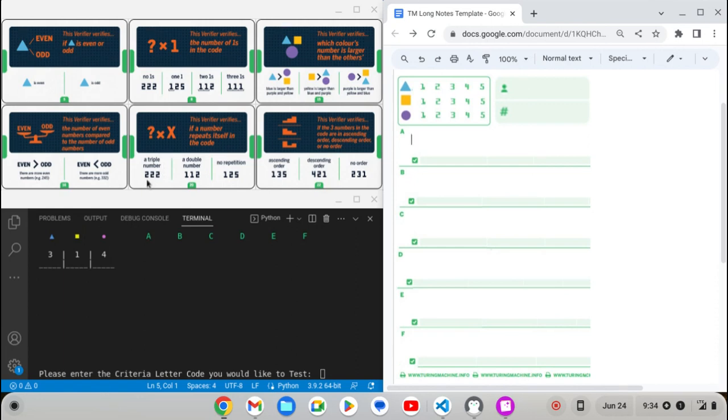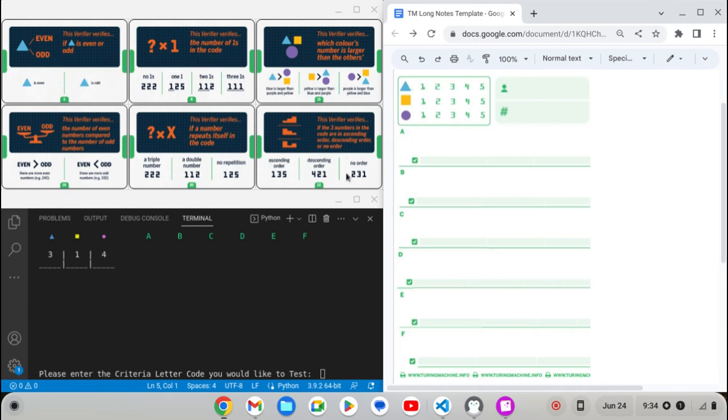And finally, criteria card F again looks at the 3-digit solution and will let us know something about the ordering of the digits from triangle to square to circle. Is it that the digits are in ascending order, meaning that they're increasing, as in the example 135, or possibly are they descending or decreasing, as in the example 421, or perhaps they even have no order?